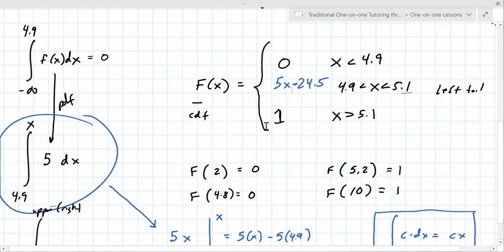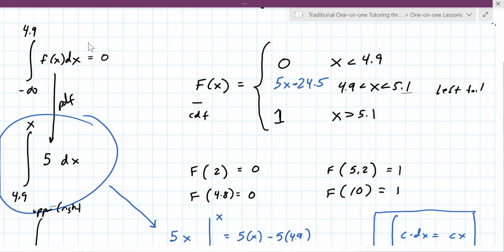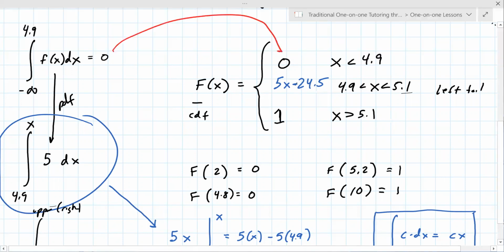Right there, yeah. Okay. So you did negative infinity to 4.9. That was the example of what's going on, actually for this one over here.